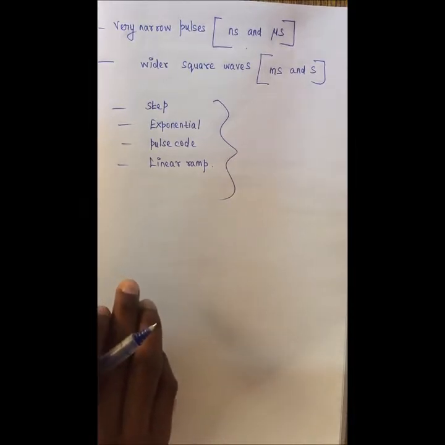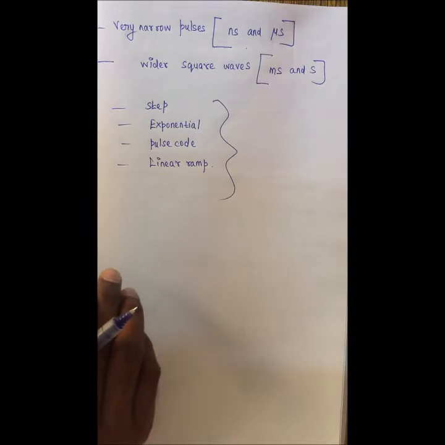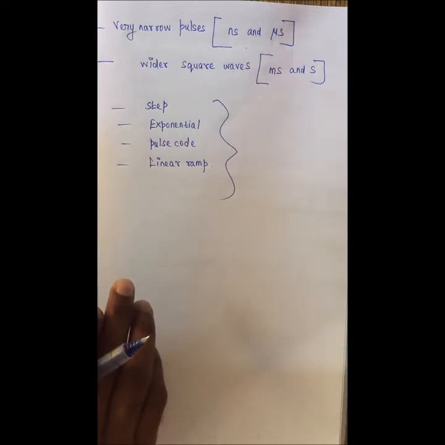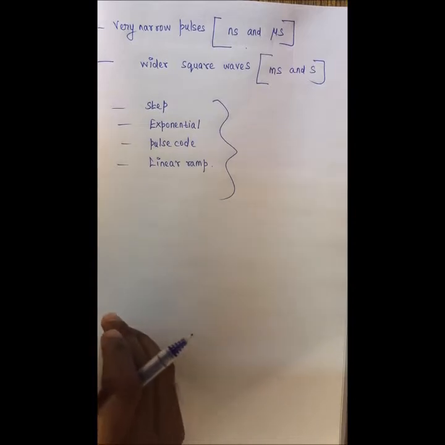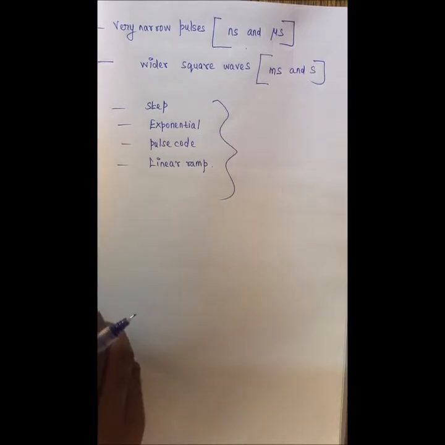Now, after a pulse is generated, a waveform must be processed in some way or other in order to perform a useful function. Whatever we generate cannot be used as such. It has to undergo processing. Processing can be anything.